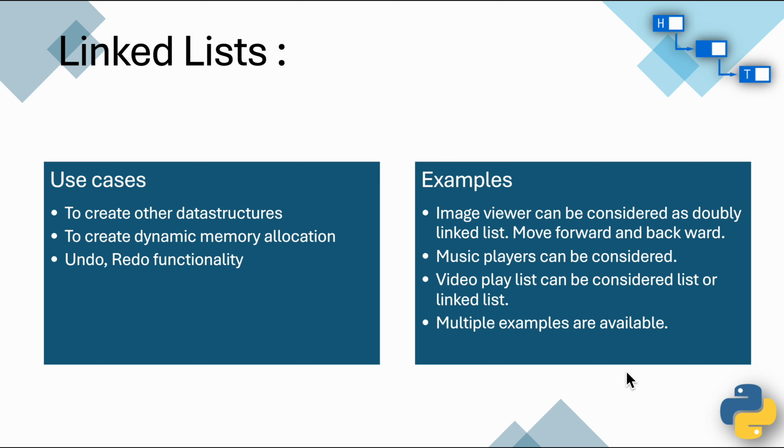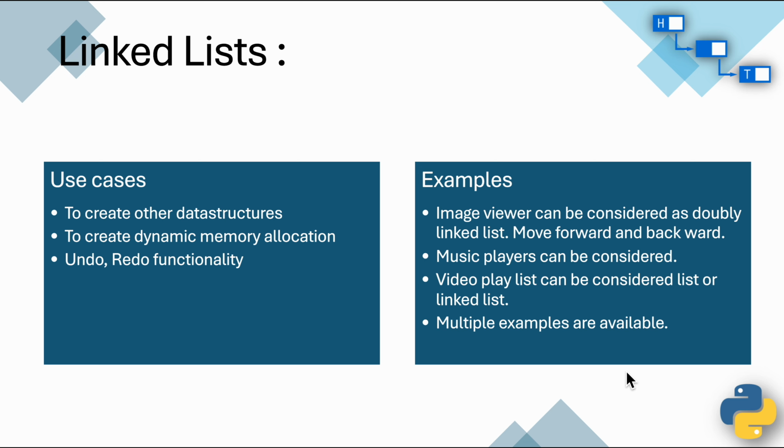Okay. And examples here, you can see image viewer can be considered as doubly linked list. Moving forward backward is possible. Music players will have a set of audio music songs that will keep on playing.